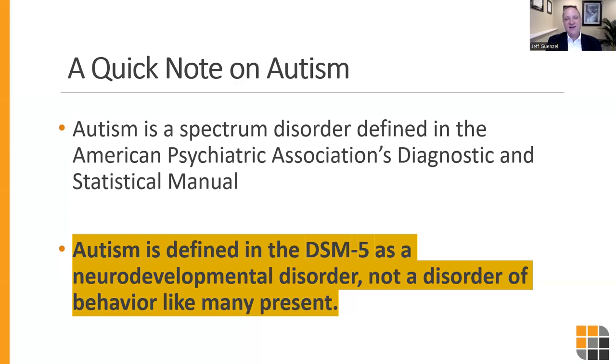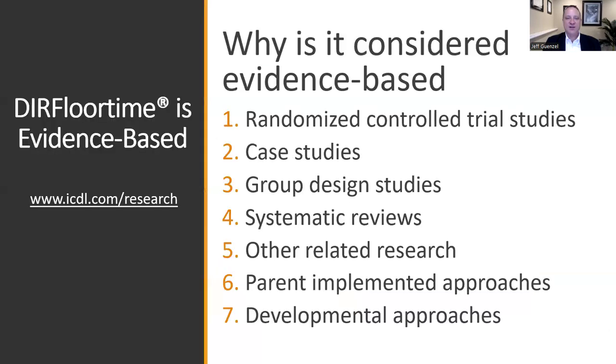It is defined as a neurodevelopmental disorder. And that's an important distinction because if it's a behavioral disorder, let's work on changing behaviors. But if it's a neurodevelopmental disorder, let's work on understanding that neurology and move development forward. And that's where floor time is such a good fit in supporting the development of autistic children, because we're all about supporting development.